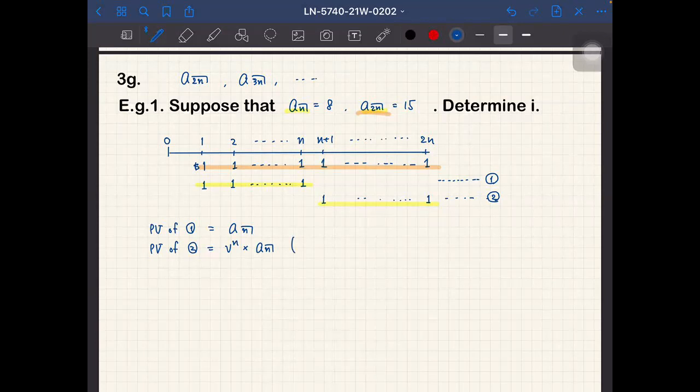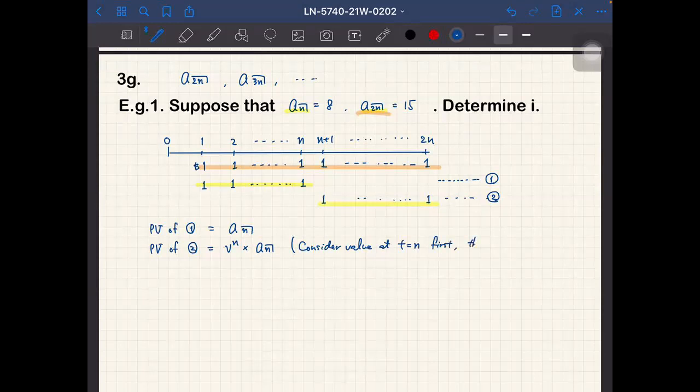So for example, to calculate the value, consider the value at t equal to n first.